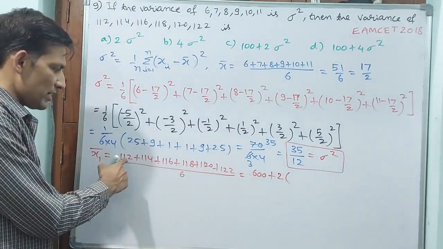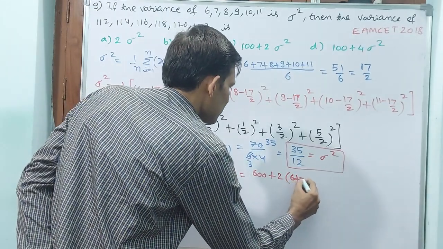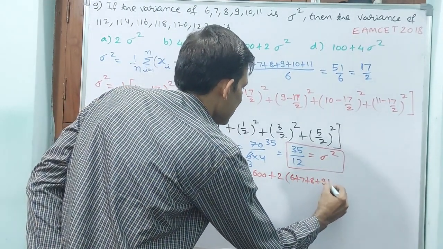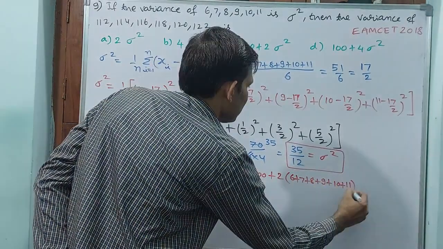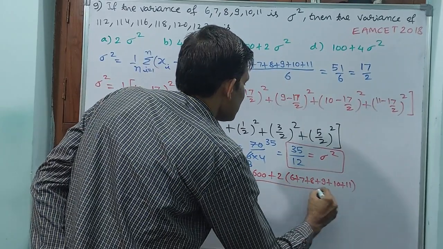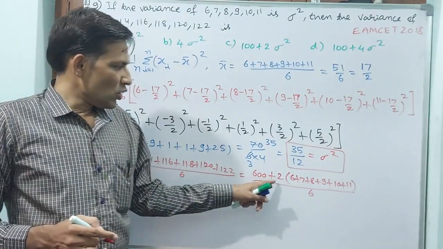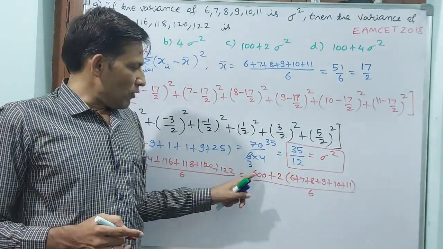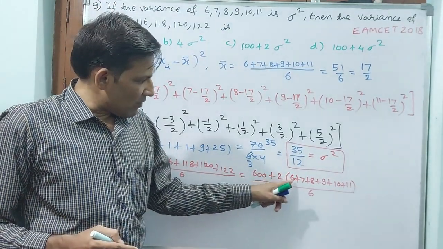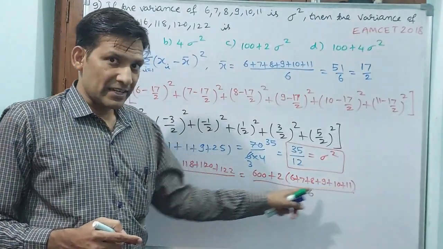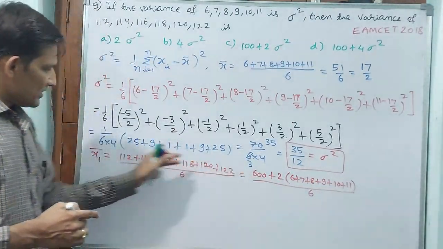Now you tell me, 6, 7, 8, 9, 10, 11, whole divided by 6. Is it okay? First you see, 2 6s are 12, 12 plus 100, because 600s are there, 1, 2, 3, 4, 5, 6. The 600s we have separated.